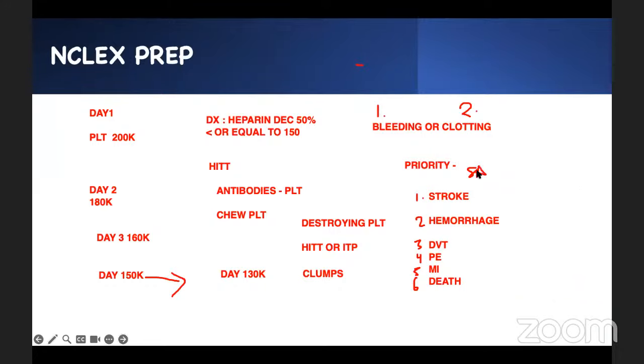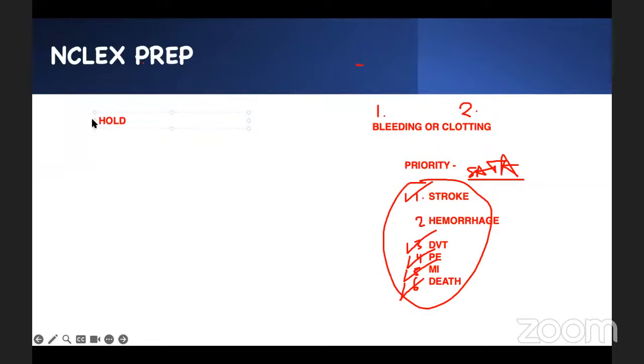This is a select-all-that-apply question. So which one is more? If it's a clot, you're going to have stroke, DVT, PE, MI. They will have massive clots and they're going to die. Because of that, holding heparin is not acceptable.